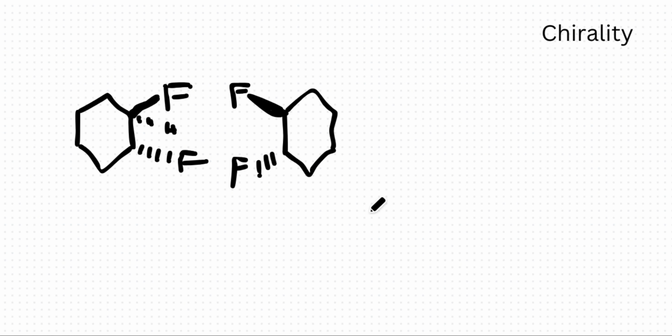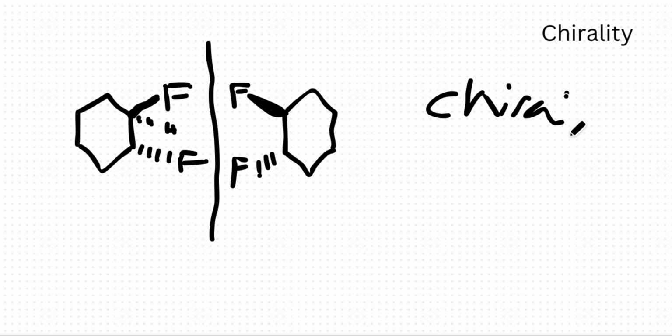Two more compounds here. How do they relate to each other? As we can see, they are mirror images of each other, and they are non-superimposable. Therefore, they are chiral enantiomers.